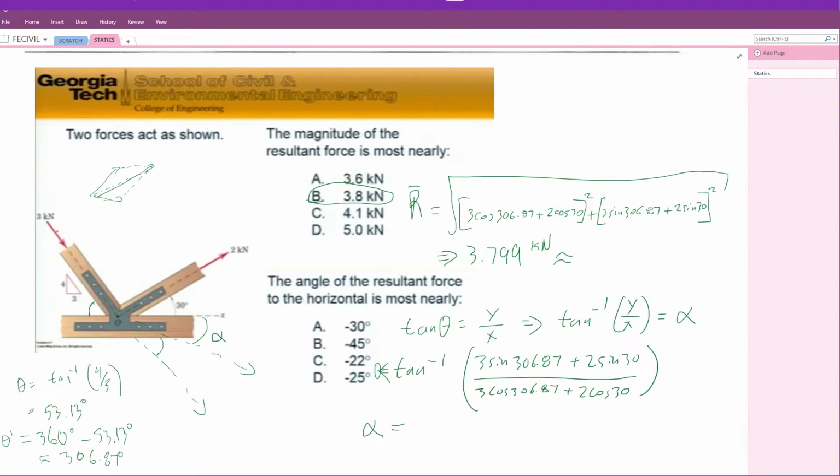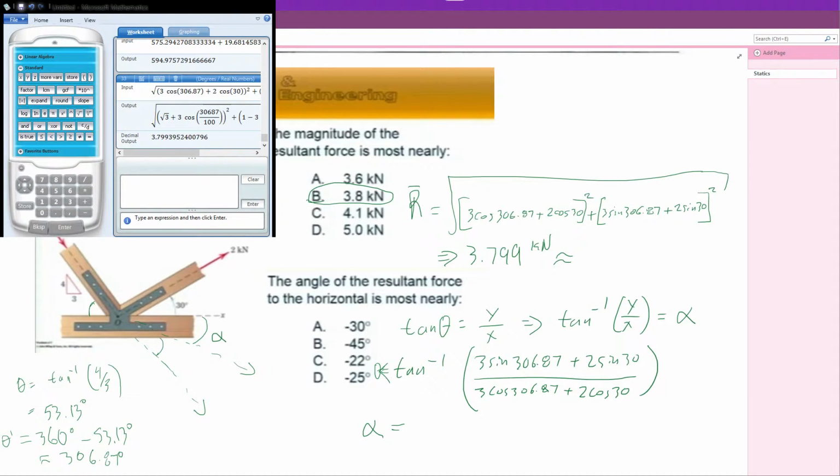Okay, bring the calculator back. Then we have tan inverse. Let's see. Then standard should have a fraction.